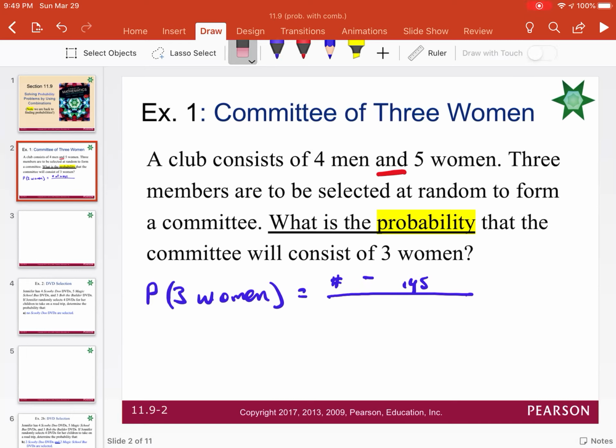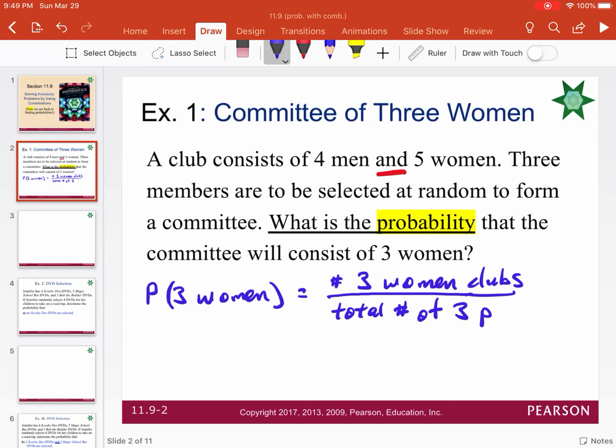How about the number of 3 women clubs? In other words, just the clubs that have 3 women. Okay? And the bottom is the total. Remember, in a probability problem, the bottom is always the total. Total number of 3 person clubs.